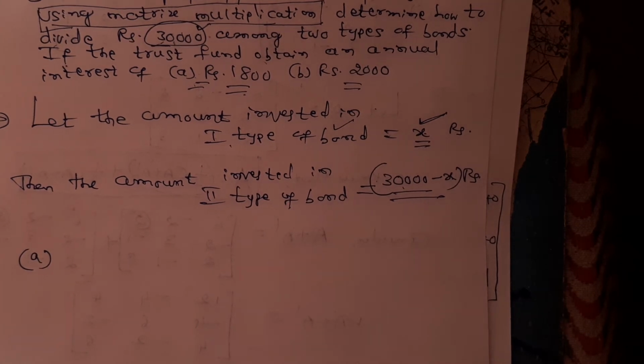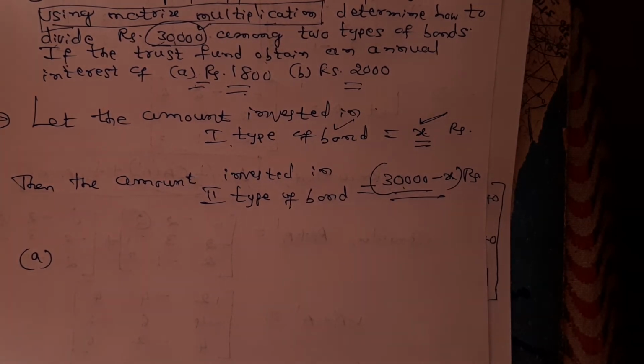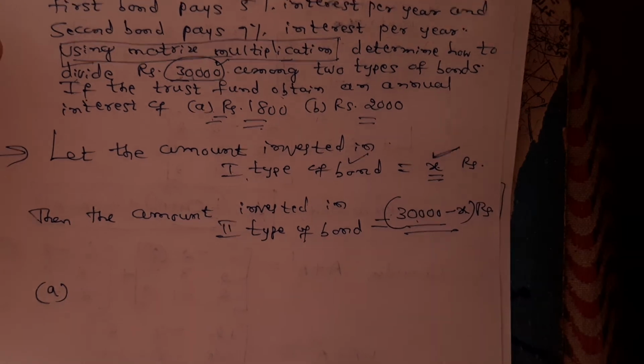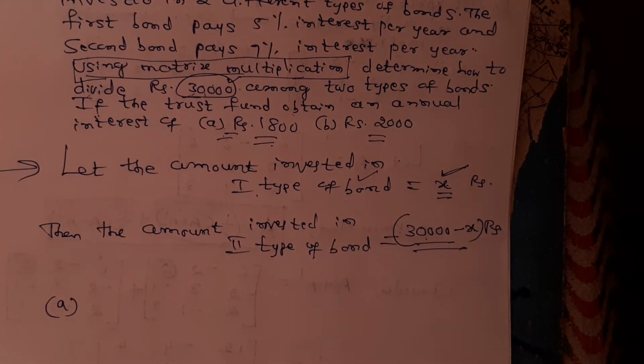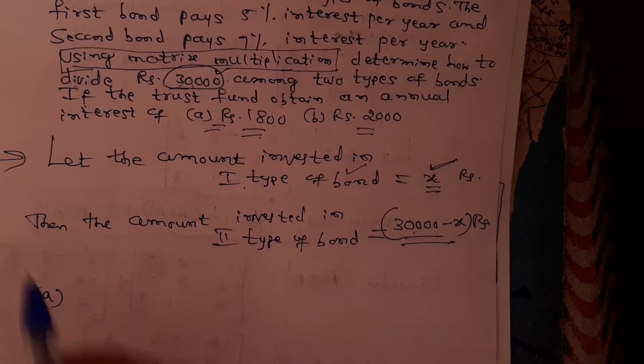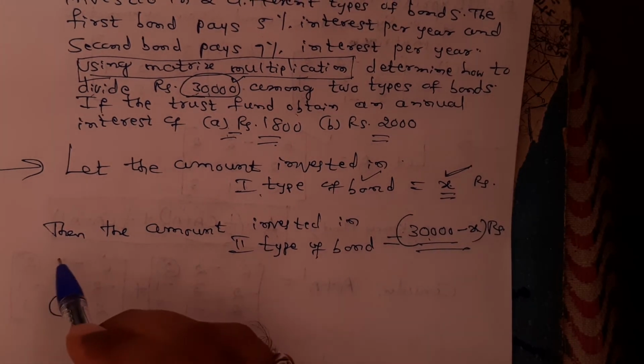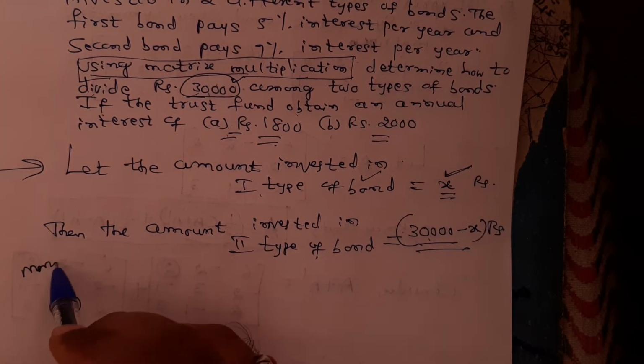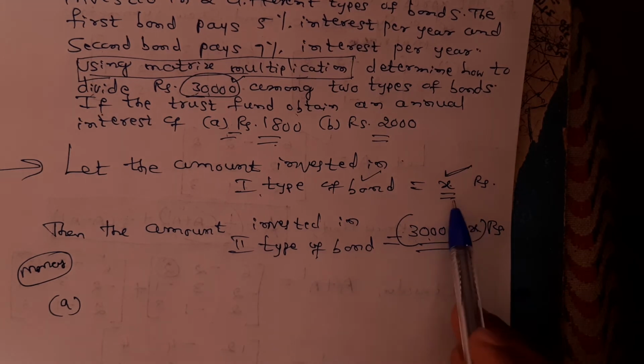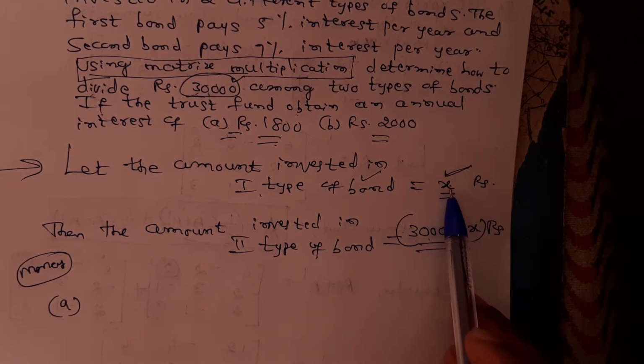Here two types of things are there. I have to write two matrices. One matrix contains money. What is that money here? It is the investment matrix. In the first type of bond I have invested x rupees.